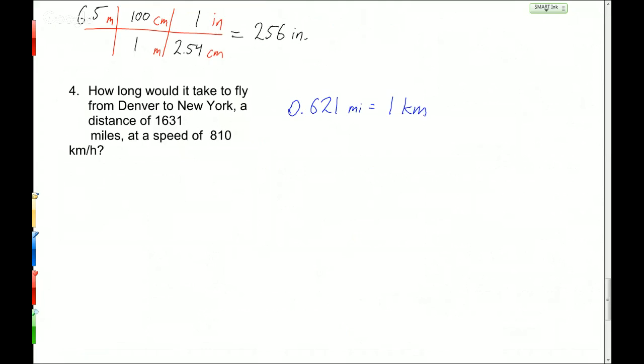It's a little bit different because now we're given a speed or a rate, kilometers per hour.